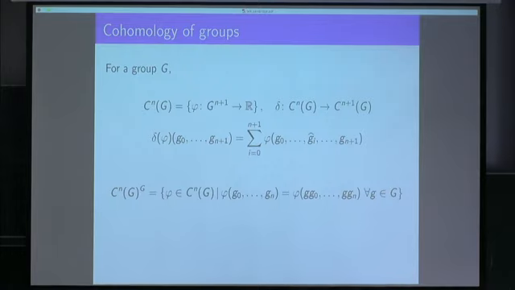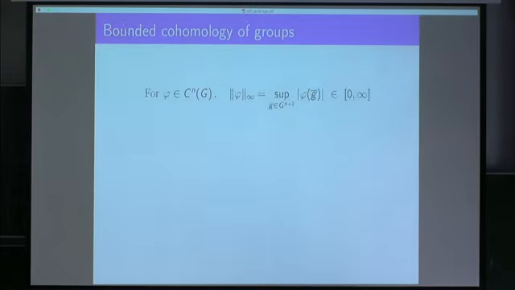Today I will work only with trivial real coefficients, so I will not speak about integral coefficients, nor about more complicated coefficient spaces. And so we take invariant cochains, and the cohomology of the group is just the homology of the complex of invariant cochains. What is bounded cohomology?